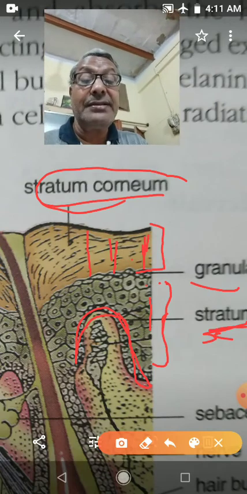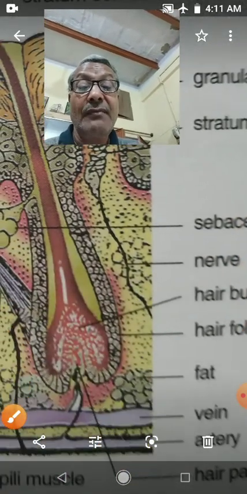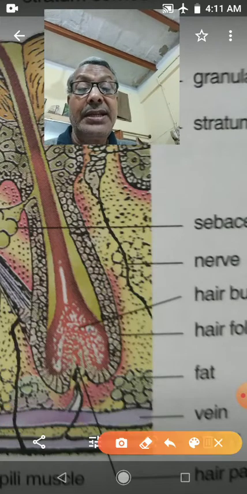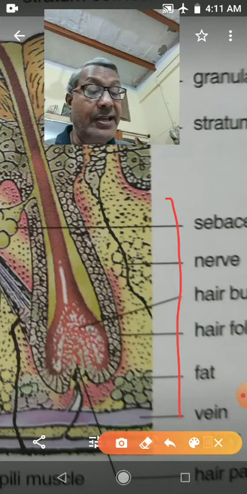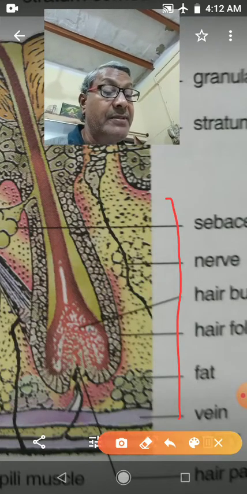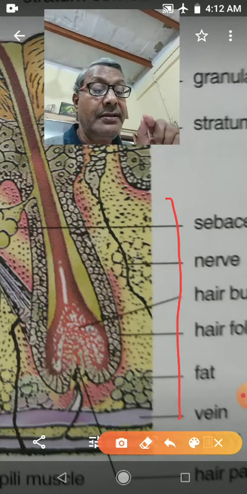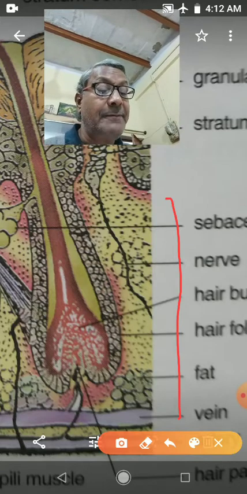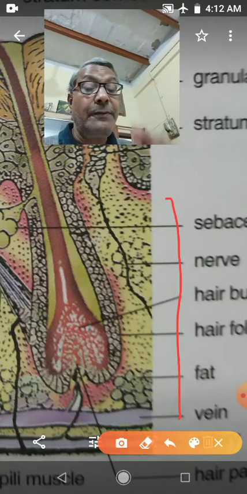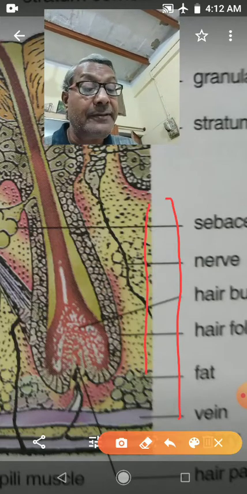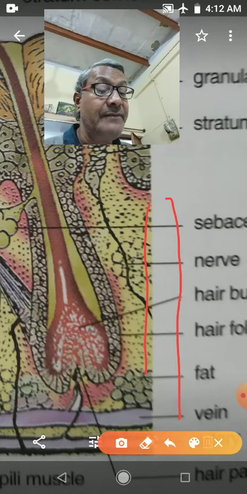Next layer is the dermis. This thick layer of the skin is the dermis layer, and it is made up of connective tissue and elastic fibers. Therefore this layer is tough and flexible.